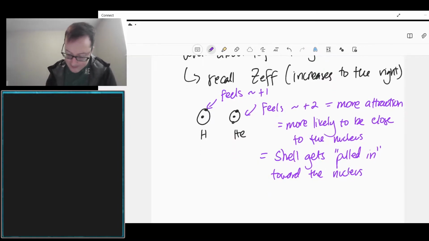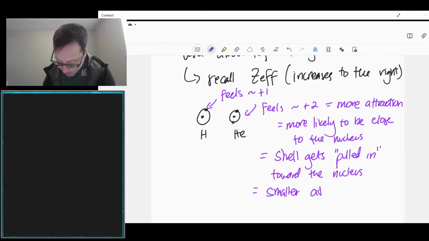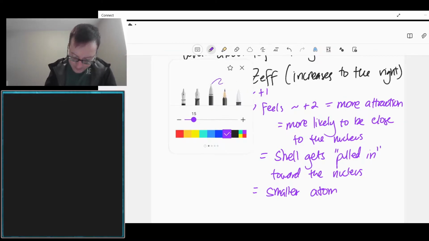All that means smaller atom. And indeed, we are going to see that helium is the smallest of all of our atoms. So it has the fewest number of shells, and it has the highest effective nuclear charge within its own number of shells. So as a result, we can kind of condense the shell towards the nucleus.